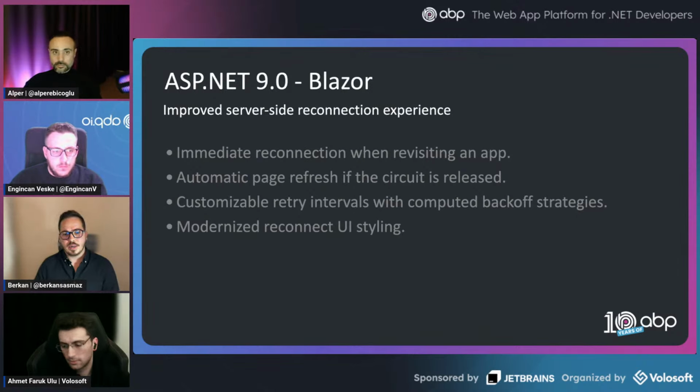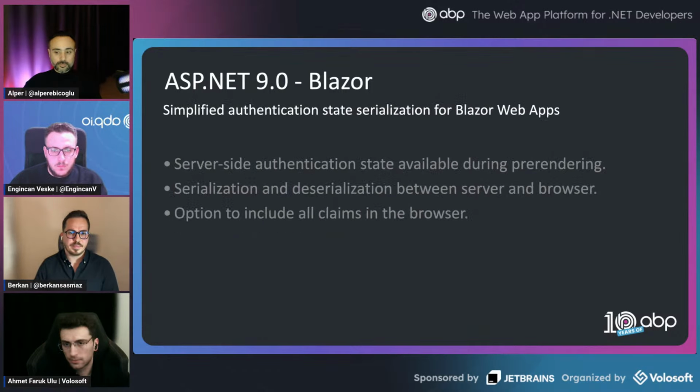Additionally, the reconnect timing uses a computed backoff strategy. For instance, initial reconnection attempts are rapid, but as they continue, computed delays are introduced. This behavior can also be customized to suit your application needs.